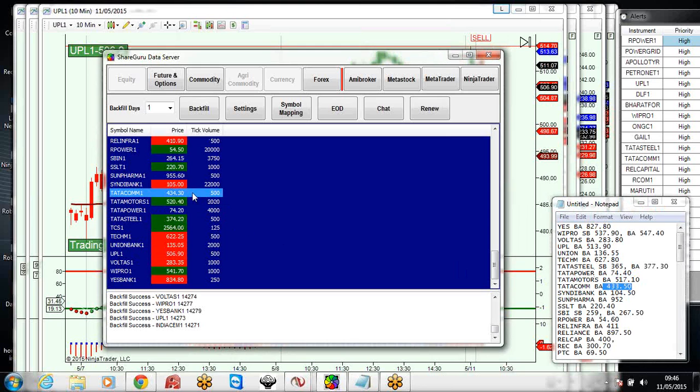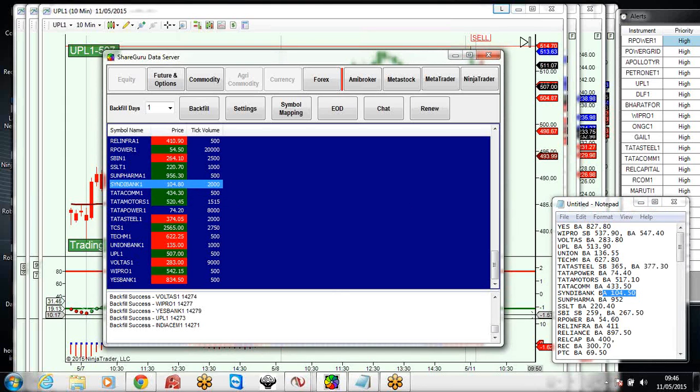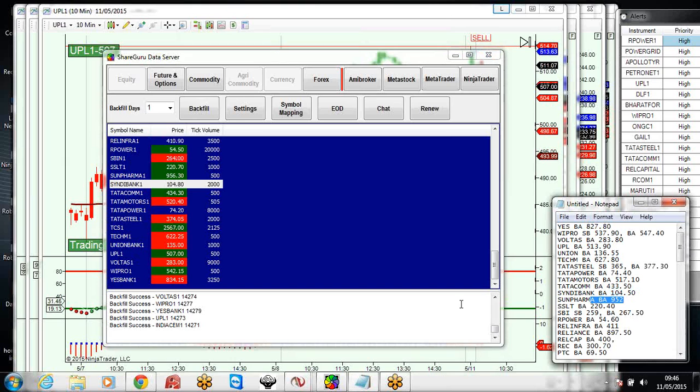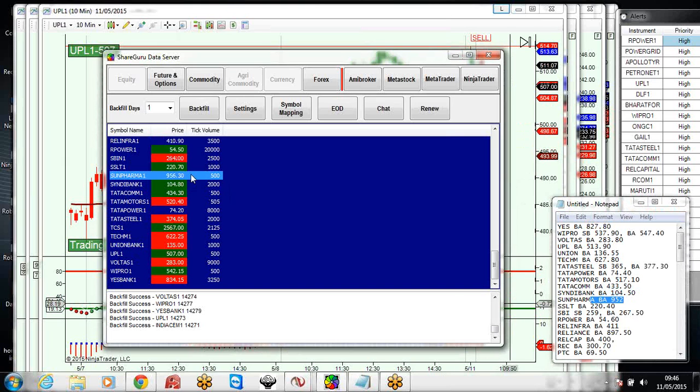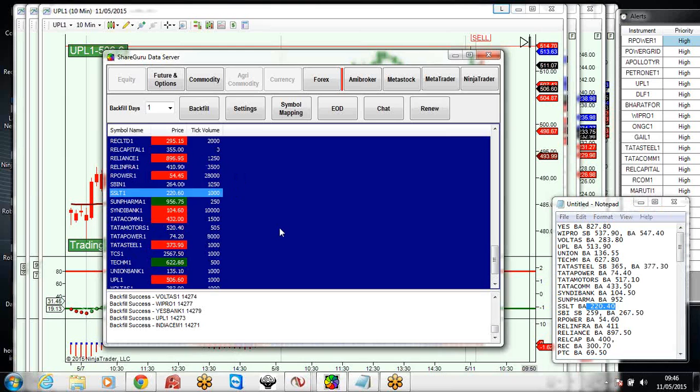Now it is at 434.30. Syndicate Bank 104.50. Now it is at 104.80. Sun Pharma 952 was a buy. It's 956 now. SSLT 220.40 was a buy. 220.70 is the current price.